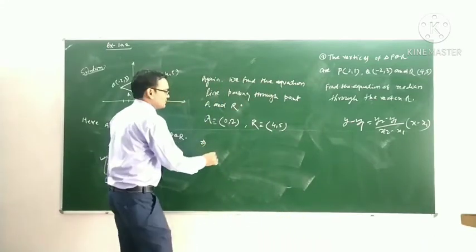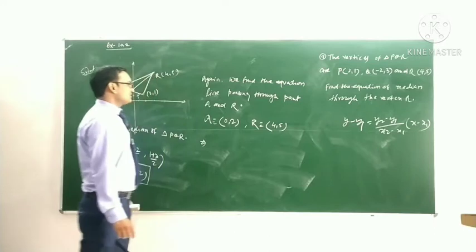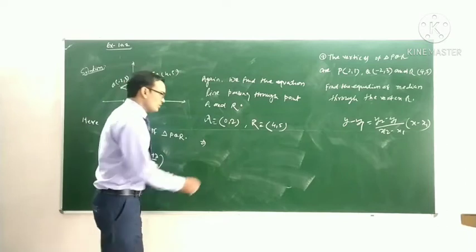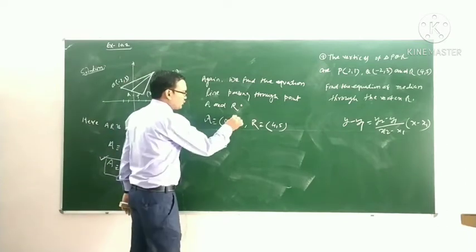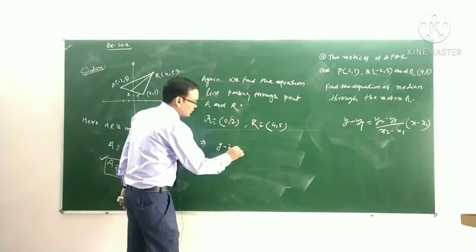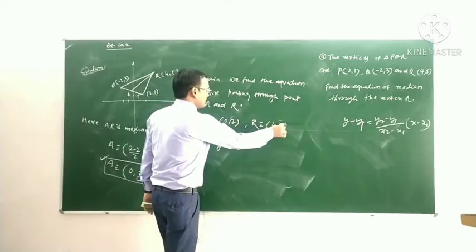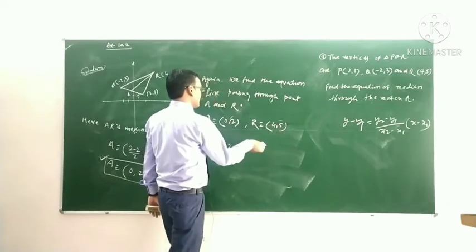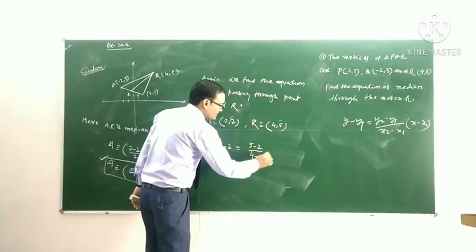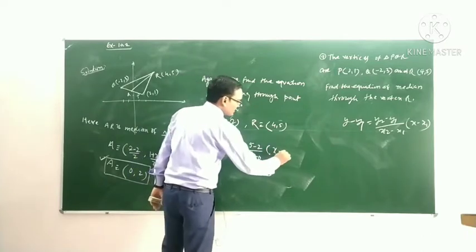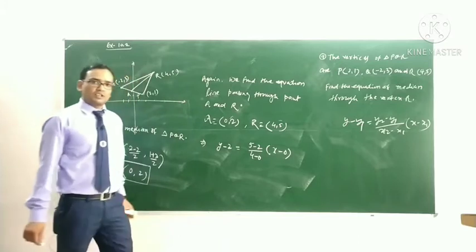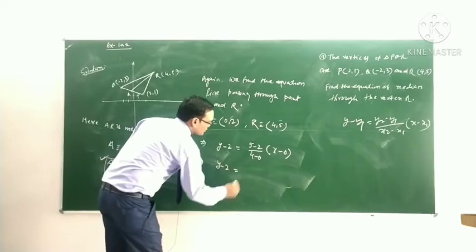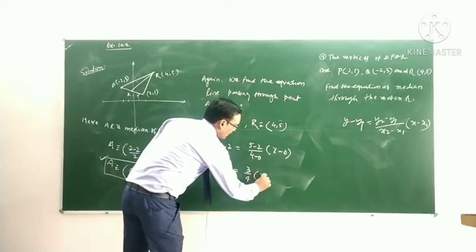This implies that the equation of the line passing through the 2 points A and R: y minus y1, which is 2, is equal to y2 minus y1, 5 minus 2, upon x2 minus x1, 4 minus 0, into x minus x1. Okay students, this implies that y minus 2 is equal to 3 upon 4 x.